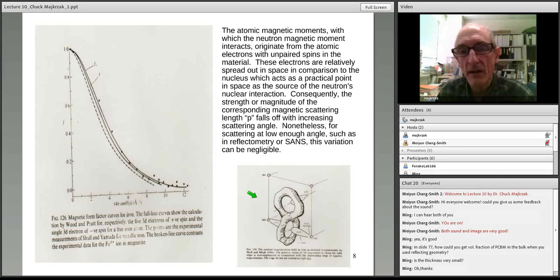These unpaired spins have a distribution that has angstrom dimension, and so it falls off with increasing Q. This is just a relationship between how things go from real space to reciprocal space. But it turns out, since we're limiting ourselves to very low Q for reflectometry applications, this change is usually negligible, and we don't worry about it too much.